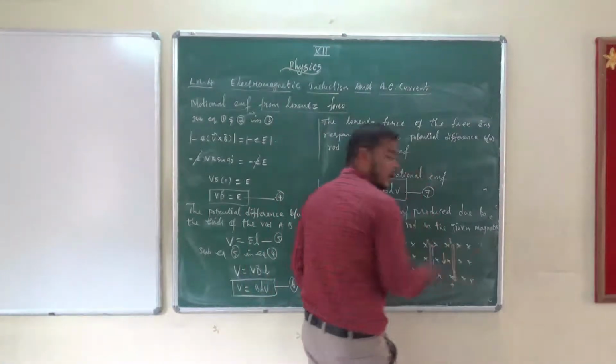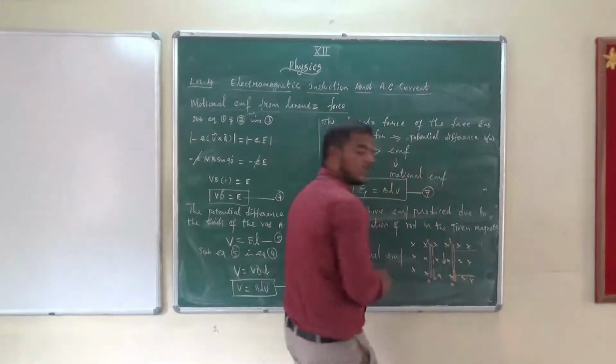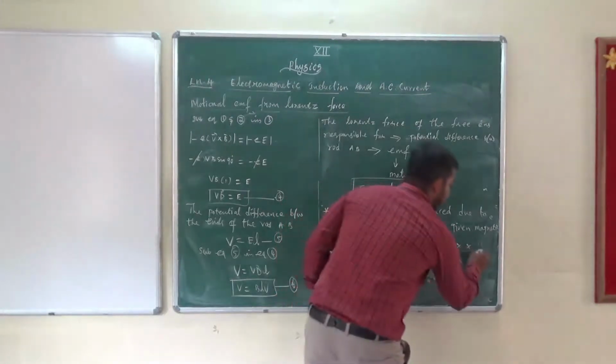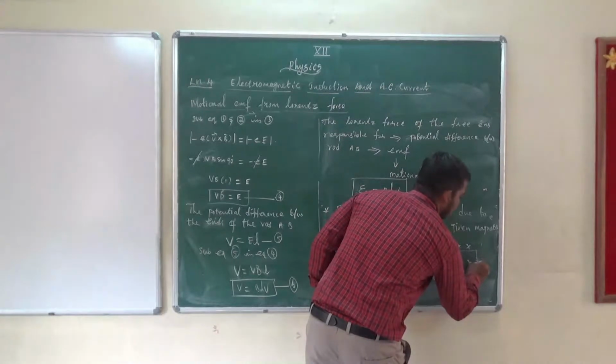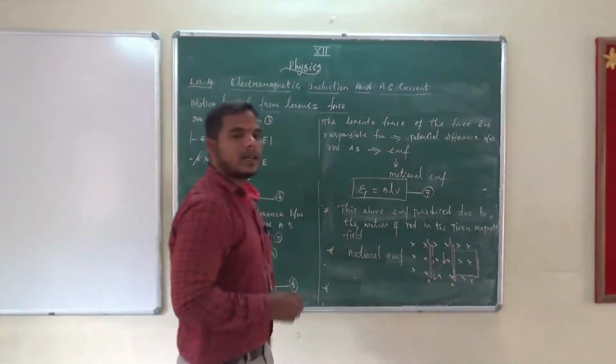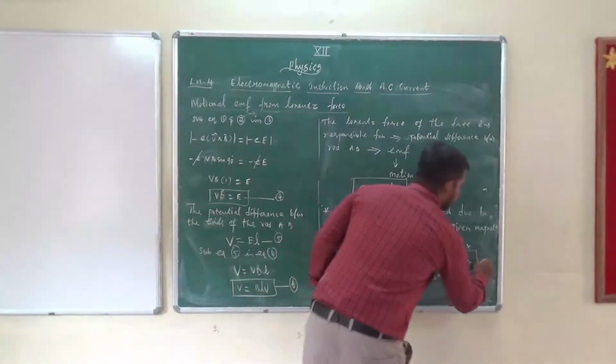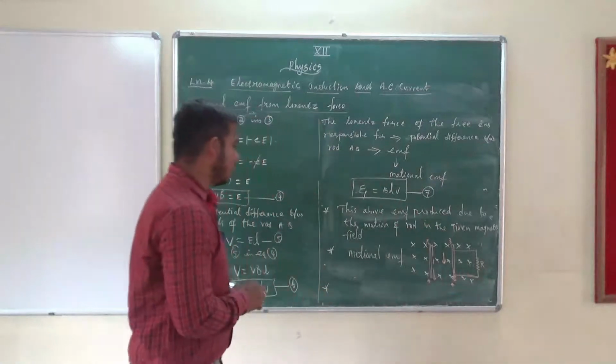Suppose the moved rod, we have to connect with the external circuit. The external circuit contains resistance. So what is the current produced in the external circuit? This is the resistance. You can write the equation. What is the equation?